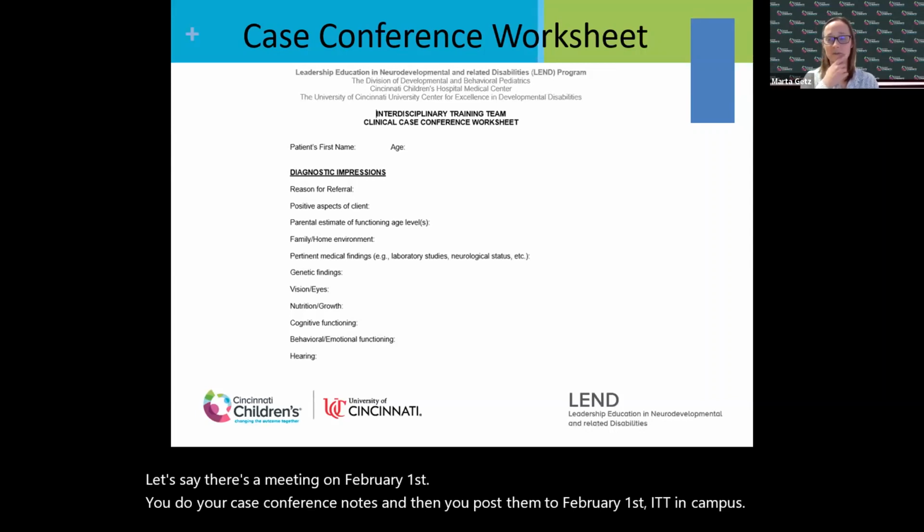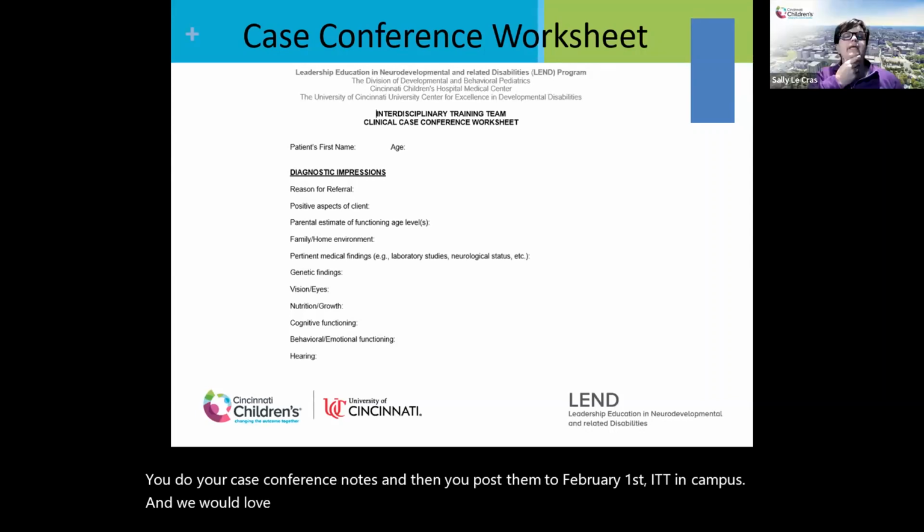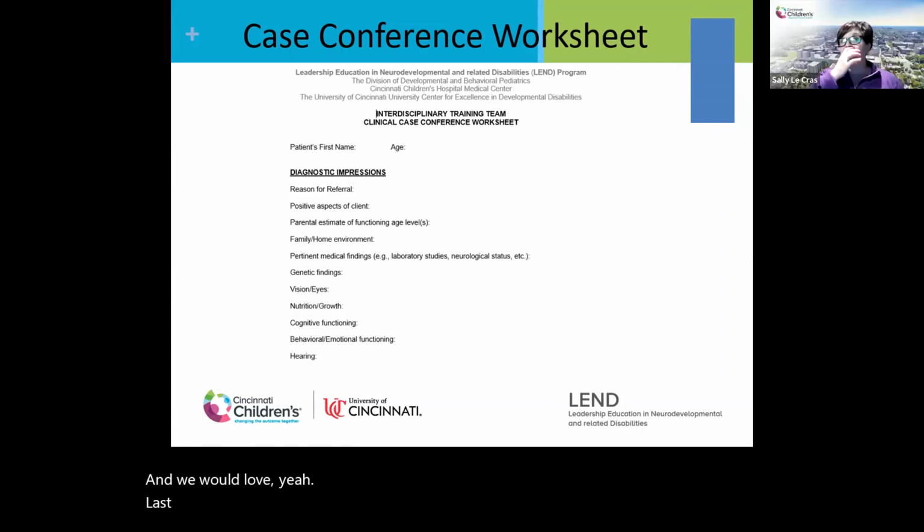And we would, Marta, love, yeah. Can I pop in a second? Last semester, one of the note takers felt like there were just a lot of nuances to this form, like knowing what could go where. You guys probably remember last semester that there are 3 or 4 different disciplines that talk about behavior.